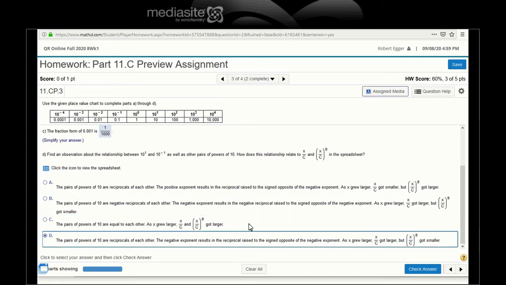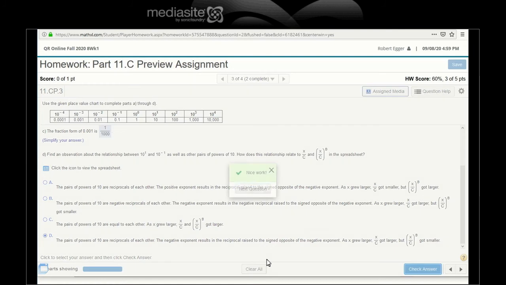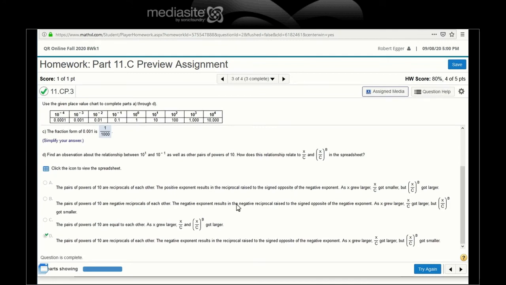No. Negative exponent, negative reciprocal raised to the sign opposite. Wow, that's really crazy. The negative exponent results in reciprocal raised to the sign opposite of the negative exponent. A lot of gobbledygook there. And it was this negative exponent, negative reciprocal that made this one wrong.